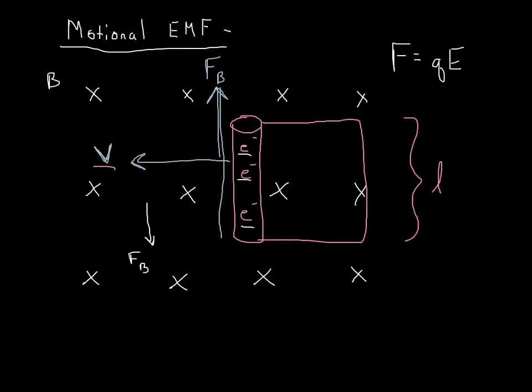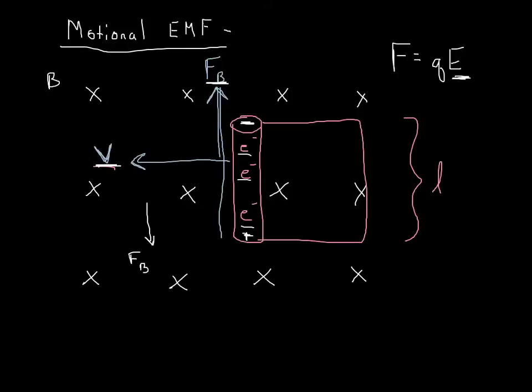So I have a little bit of positive charges down towards the bottom and a little bit of negative charges up towards the top. That's an induced electric field inside of this wire. And because of this force induced by the motion v, my charges are going to start flowing.